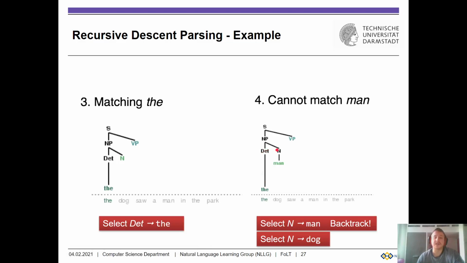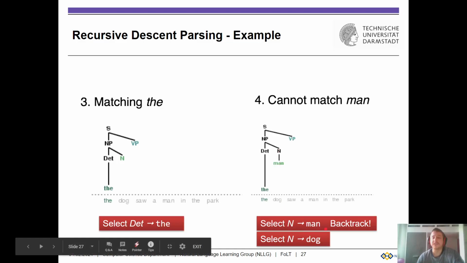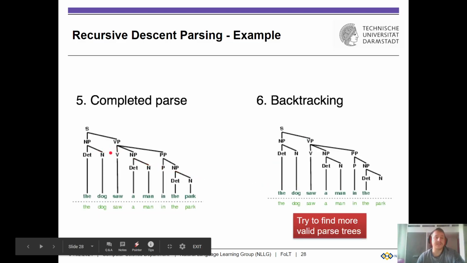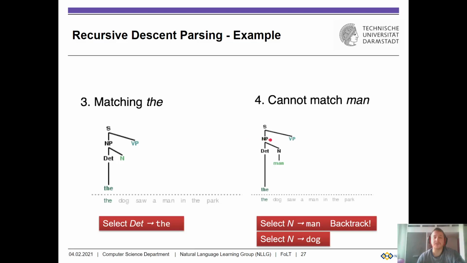Then we select noun expands to man, and we check. However, we see that this is not a match of the actual data, because here we have dog, so we need to backtrack and select N expands to dog. And then we have completed our NP.